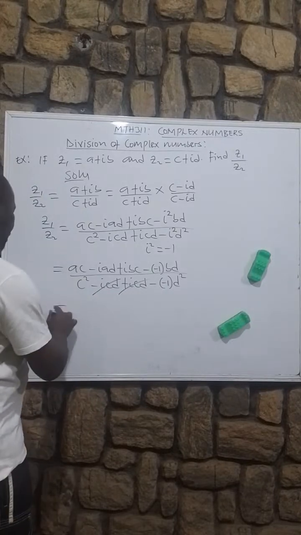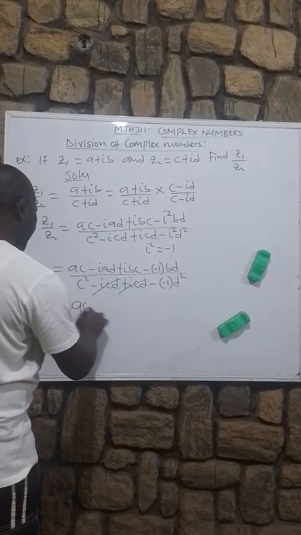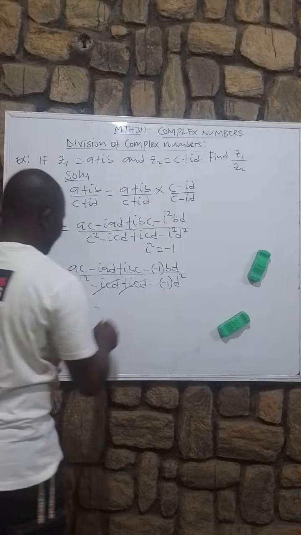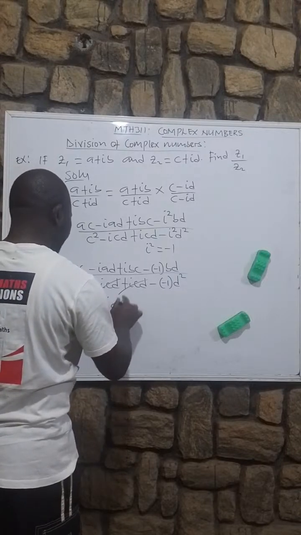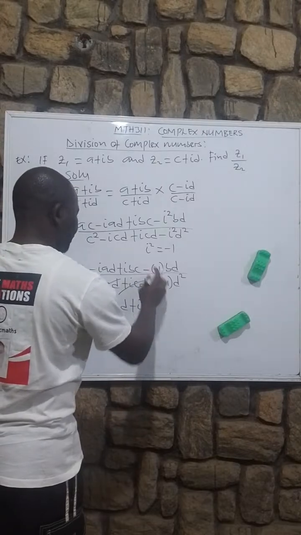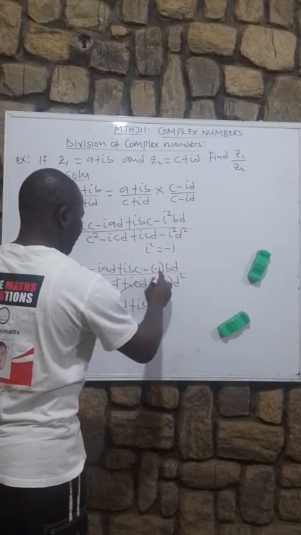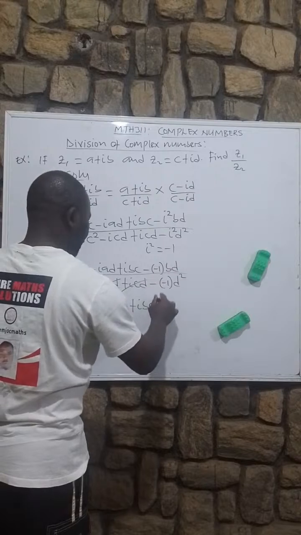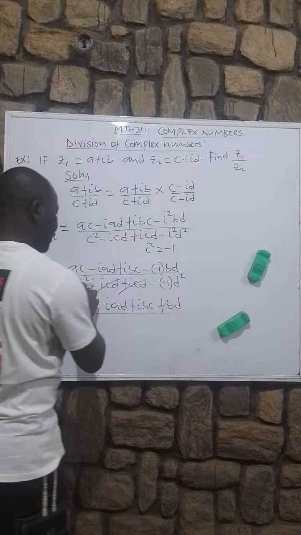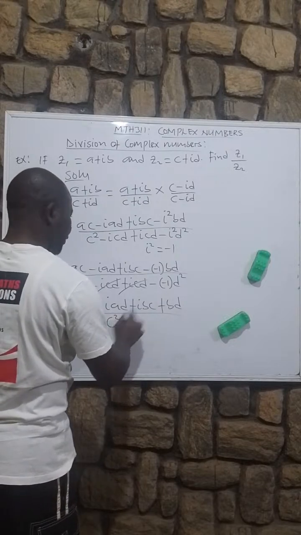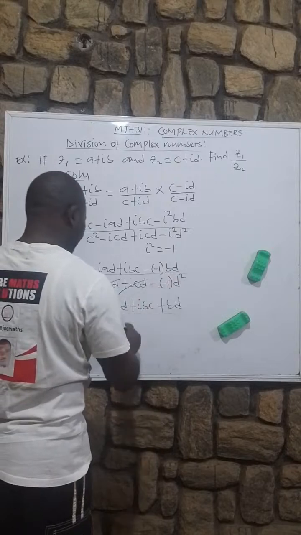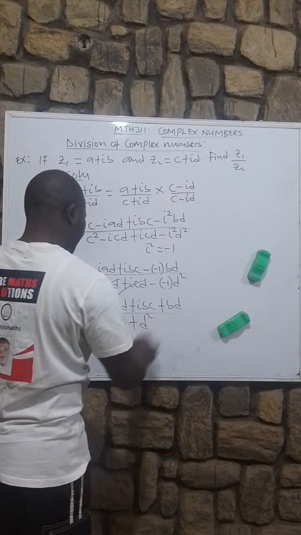So here will now be ac minus iad plus ibc, minus times minus plus 1 times bd giving plus bd, all over c square minus times minus plus 1 times d square, plus d square.